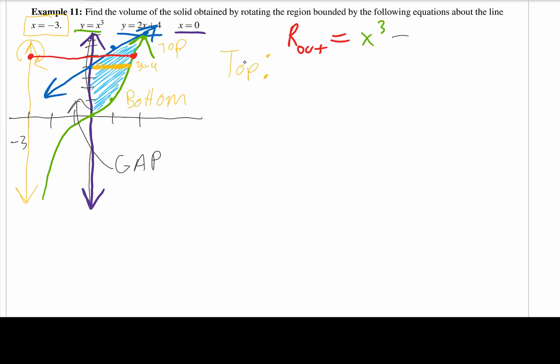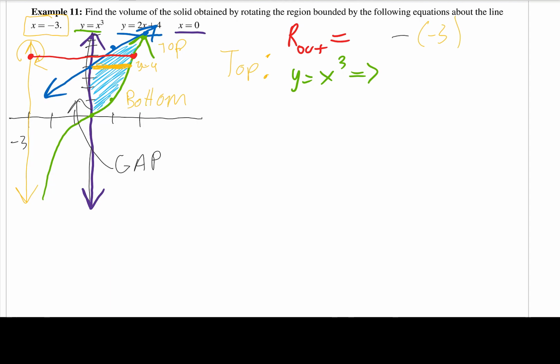this should be -3. Now, before I get going too much on this, we do need to notice we're drawing our line perpendicular to x equals -3, right? So we should have a dy integral, which means that this r out needs to be in terms of y and not x. So what I'm going to do real quick is we have y equals x cubed.